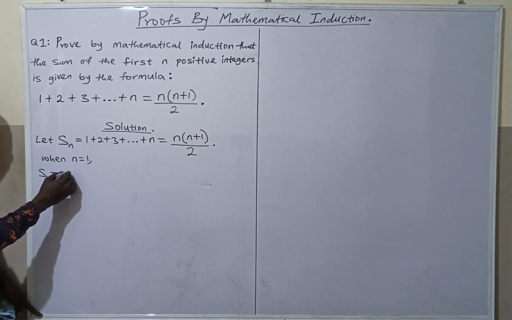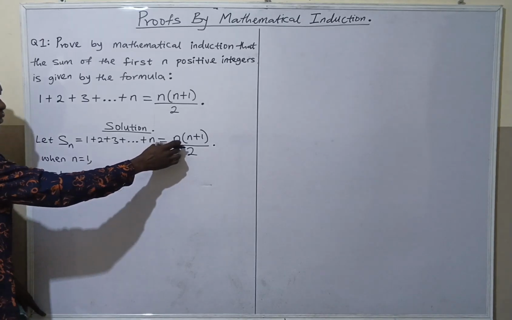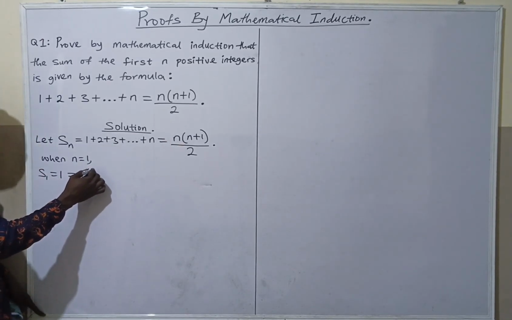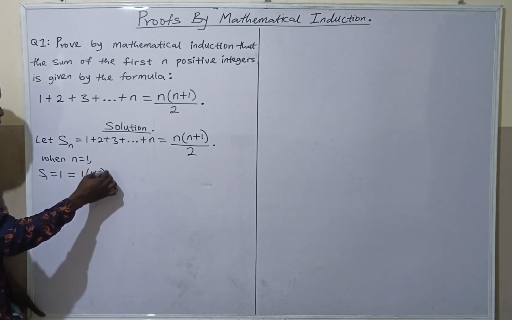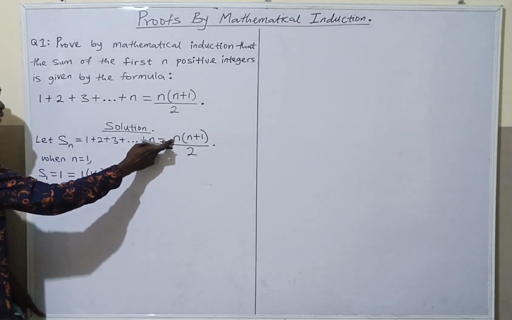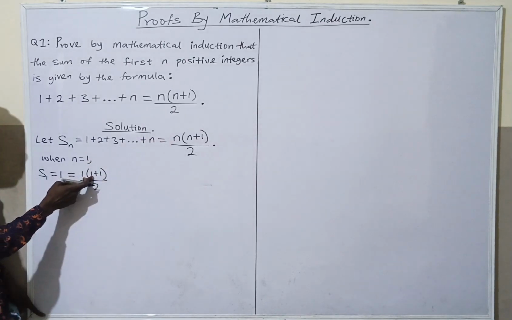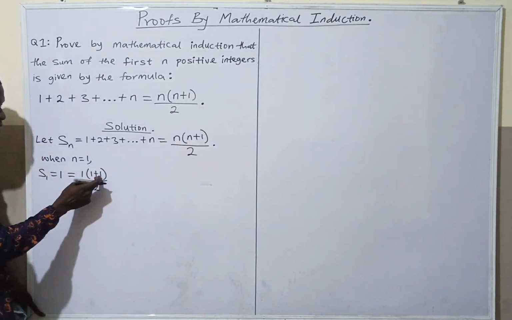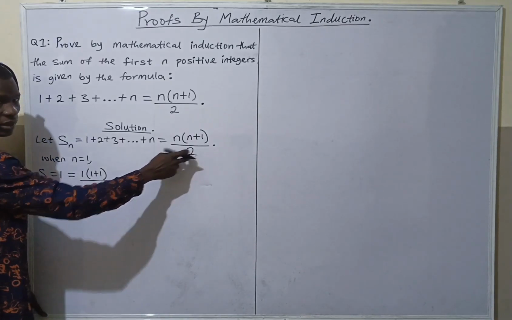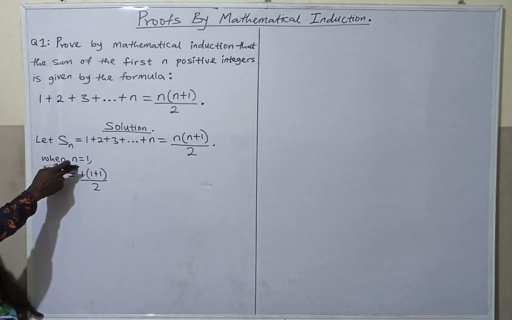That's what we have on the left hand side. And on the right hand side, what are we supposed to have? In the place of n, we're going to have 1(1 + 1) divided by 2. This 1 represents the n here, and then this 1 here represents the n here. This 1 is a constant, just as we have here, and this 2 is also a constant, just as we have it here. That is when n is equal to 1.